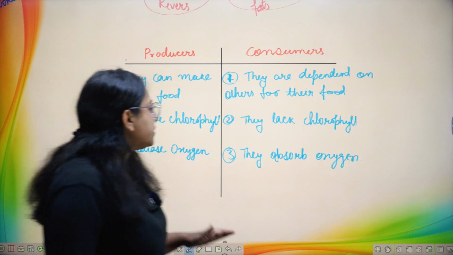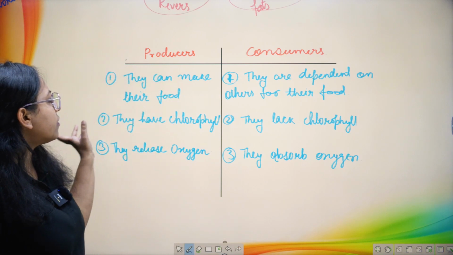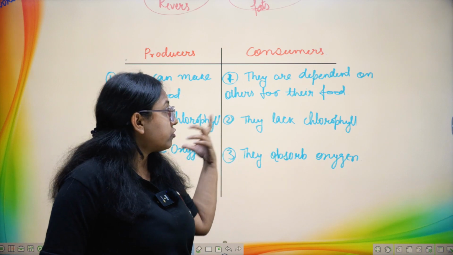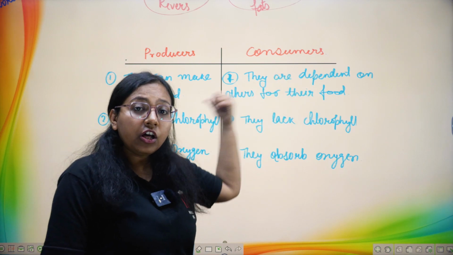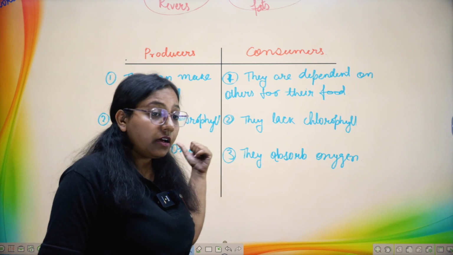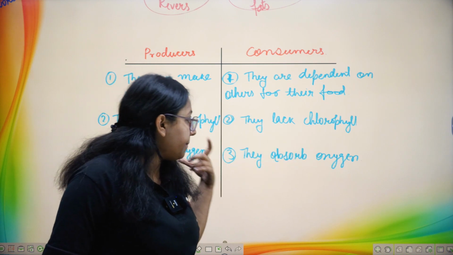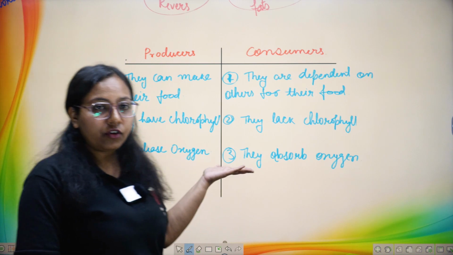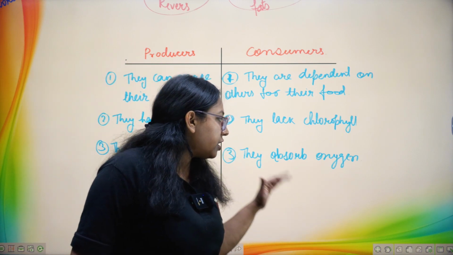So these are the basic differences. I have written 3 differences. Producers can make their own food, have chlorophyll, and release oxygen. Consumers are dependent on others for their food, don't have chlorophyll in them, and absorb oxygen because oxygen is important for their respiration.